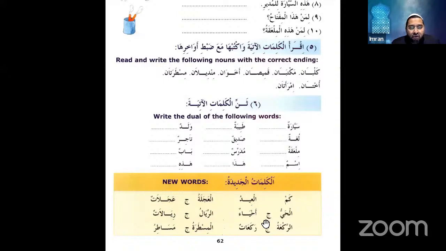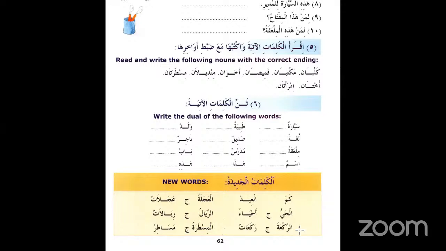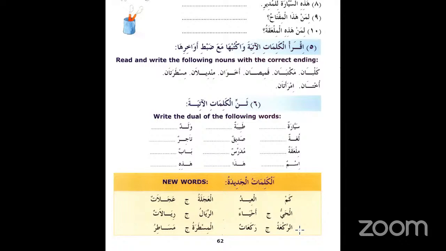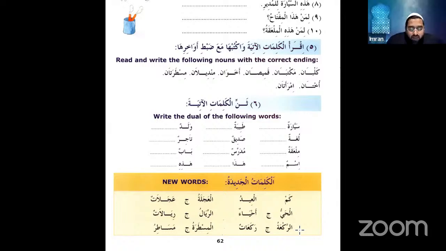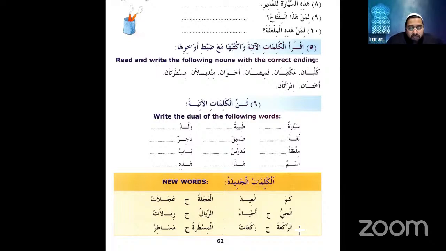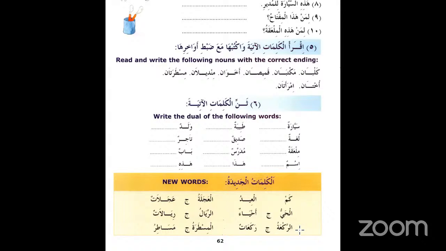Now I want you to also do the new vocab. Al-kalimatu al-jadidatu, new words. Kam means how many. Al-Eidu, the Eid. Al-Ajalatu, the tire; ajalatun, plural of tires. Al-Hayy means district, area; ahya'un, plural of district.